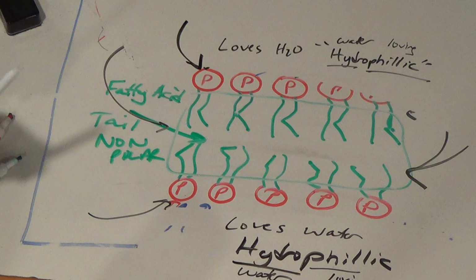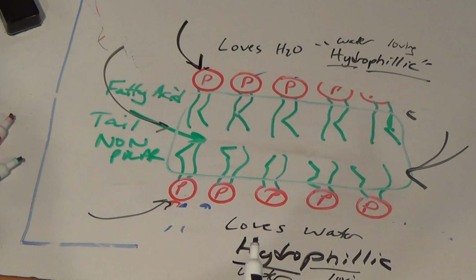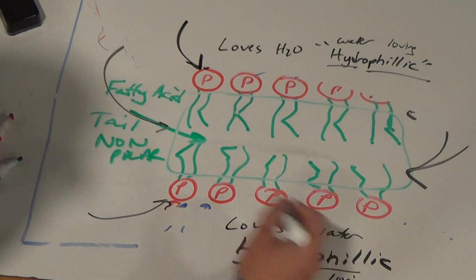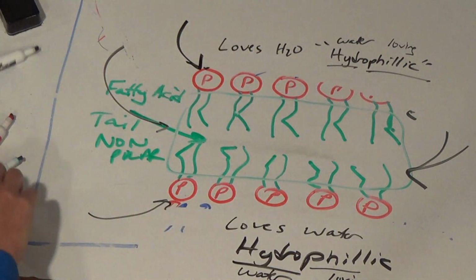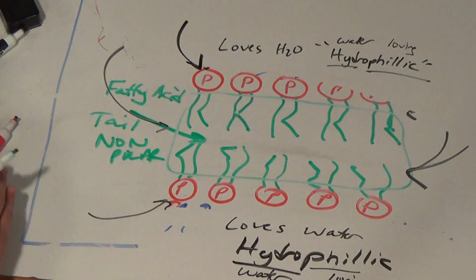What do you call the city of brotherly love? Philadelphia. I'm not kidding you, that's what it means. Phil means loving in Latin. Hydro is the prefix for water in Latin. Water-loving polar region. Well, what do you call the non-polar region?